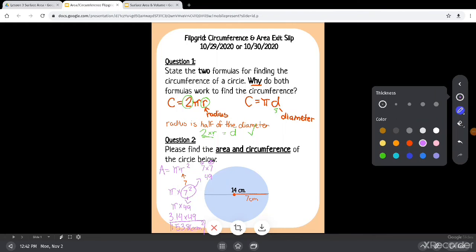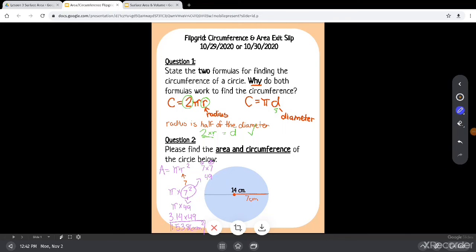For circumference, you needed to do something similar, the same process, but of course using a different formula. So I'm going to go ahead and do it in orange. Circumference. Two formulas you can use are 2 pi r or pi d. I'm going to use pi d because I'm already given my diameter right here.